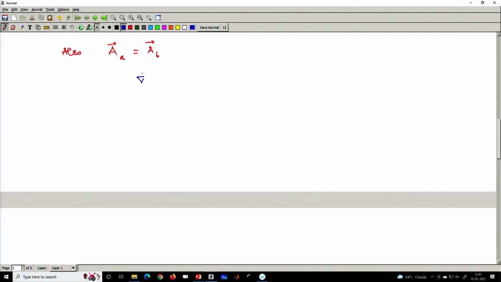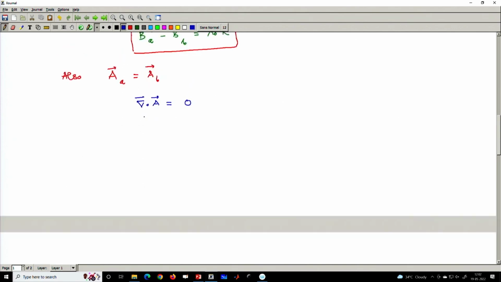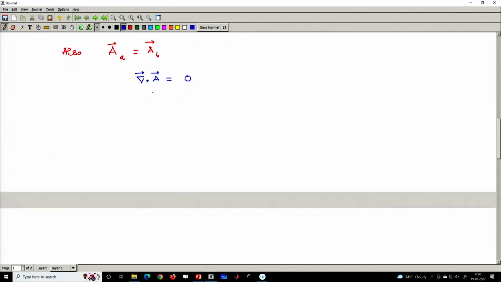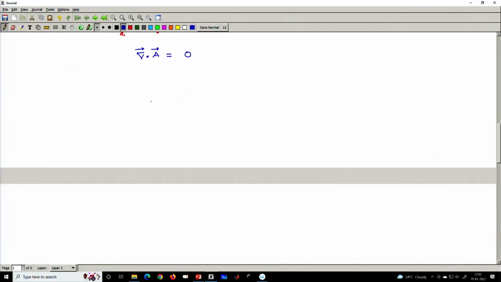So, we can use this expression, the divergence of A is equal to 0, that is the condition we have. For magnetostatics, the Coulomb gauge condition is there, that needs to be satisfied by A, and that leads to the equation closed surface integral of A dot ds equal to 0.